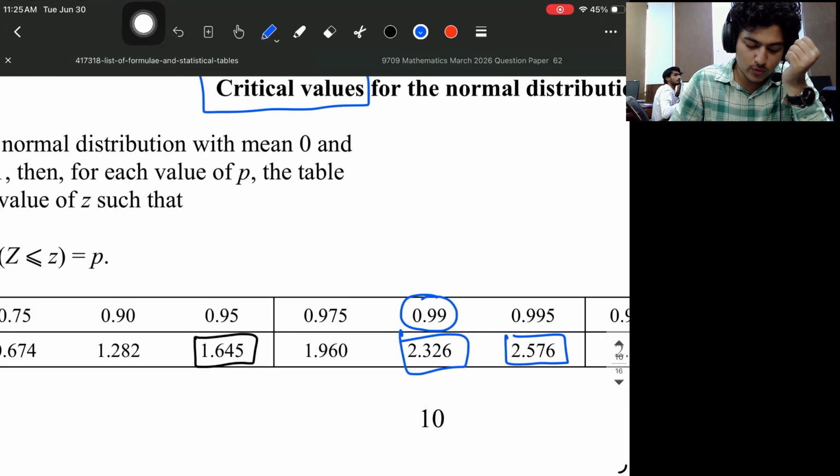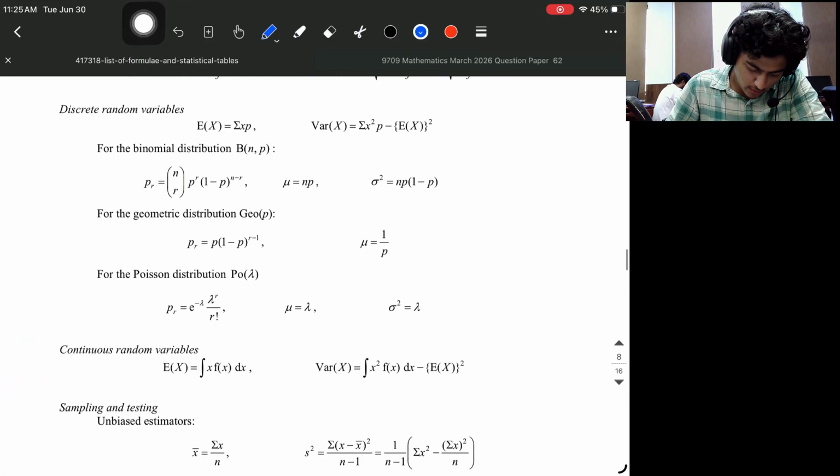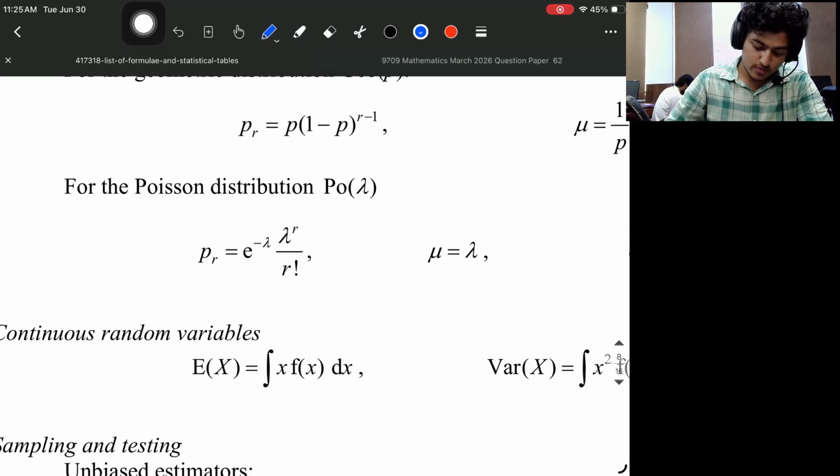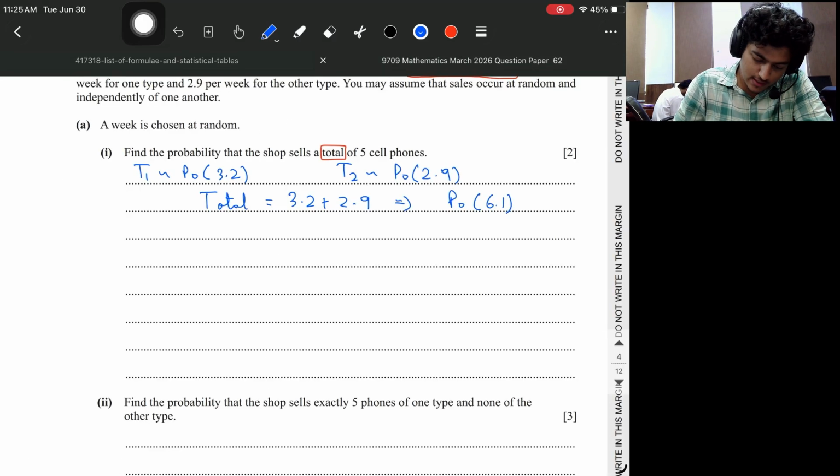Now if you move on to the MF19 table, you'll find a formula for the Poisson distribution, and that is e to the power of minus lambda times lambda to the power of r upon r factorial. Now you must be wondering what each of these things are. First, let's copy down the formula.